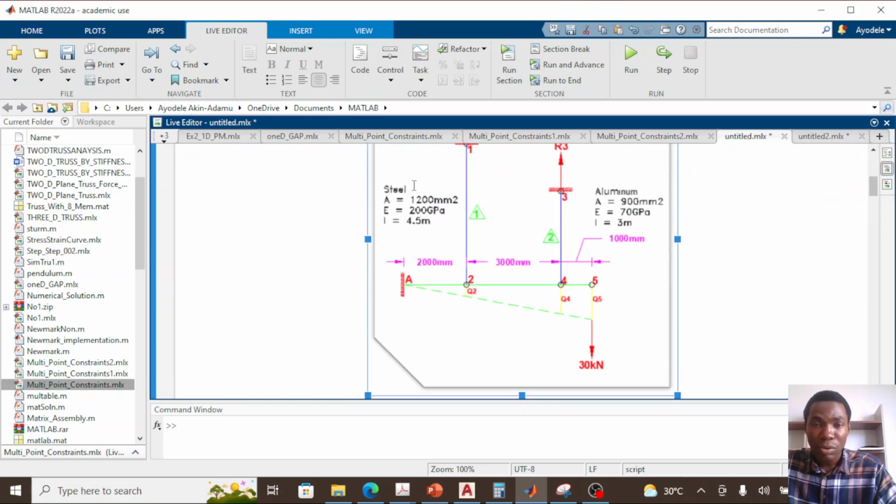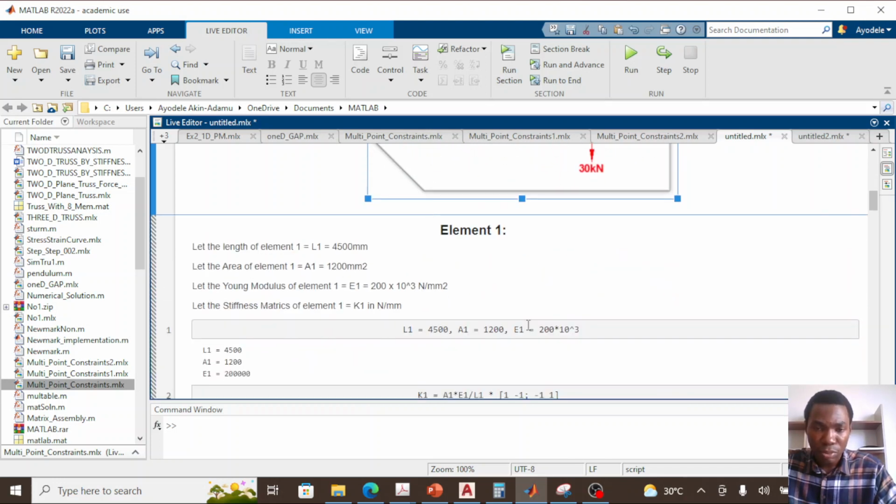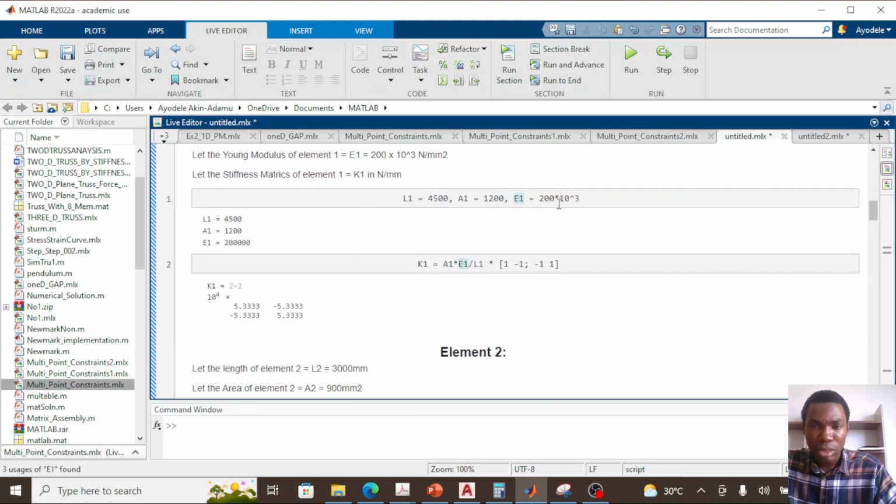To do that, you need to define the geometric and the material property of both finite elements. In the question, we're told that the area of the first finite element is 1,200, the Young modulus is 200 kilopascal, and the length is 4.5 meters, which is what I define here as L1, A1, E1. This is stored in the MATLAB memory when you run the program.